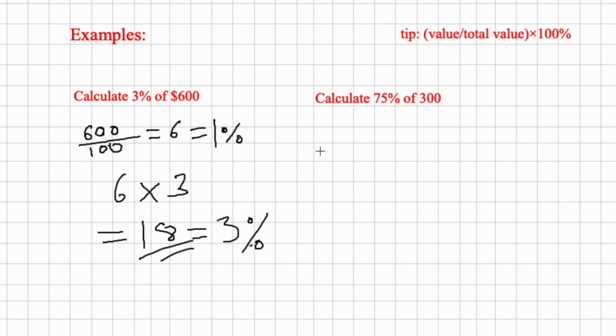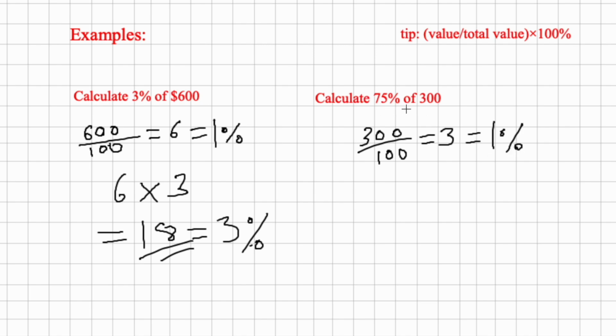So in order to do this, we can use this method. Okay, I advise you to do this method for 3%, 5%, because I think it's easier. You can use it for this question as well, so you can find 1%. Let's do that. So 300 divided by 100 will give you 3. So 3 equals 1%.